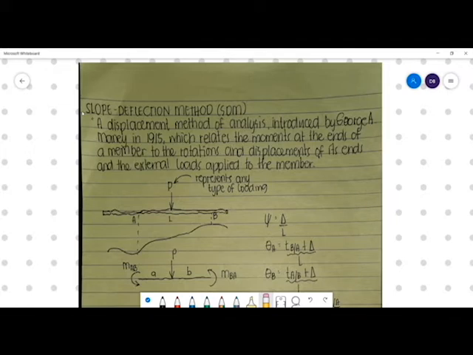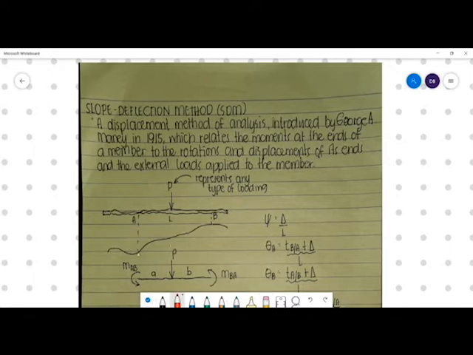So let's consider a structural member AB of length L with a concentrated load P. This concentrated load is just a representation of any type of loading, para for easier illustration, no.